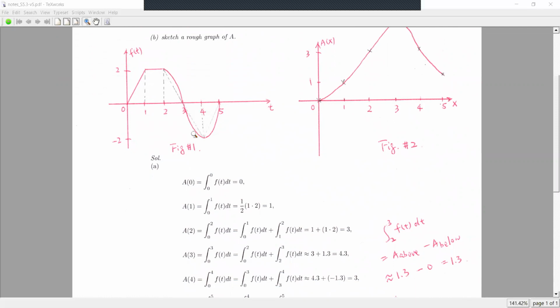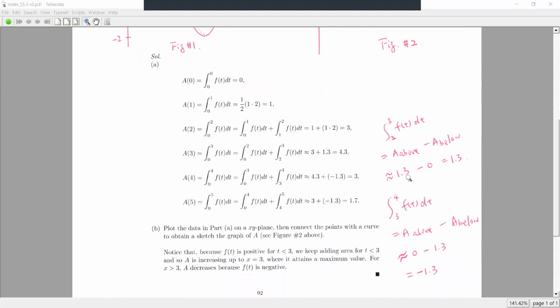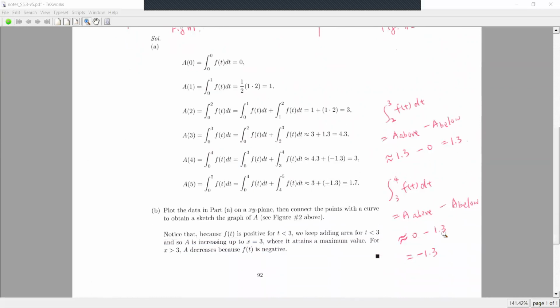Again, I use this triangle to guess the area of this region. This triangle's area is 1, and the region is slightly larger than the triangle. So I guess the area of the region is 1.3. So the area below is 1.3.